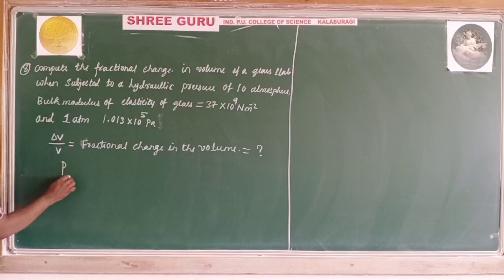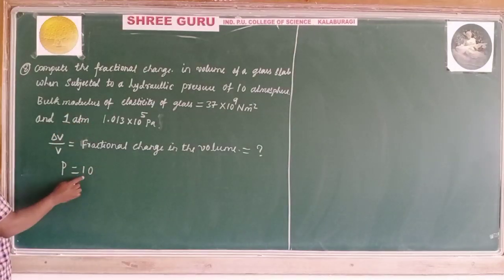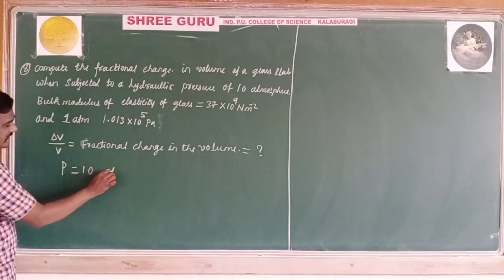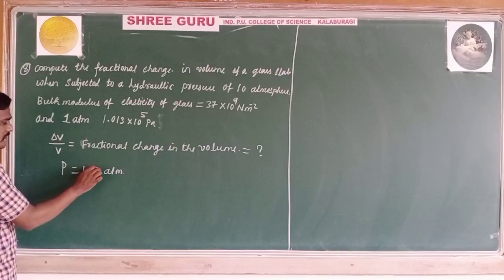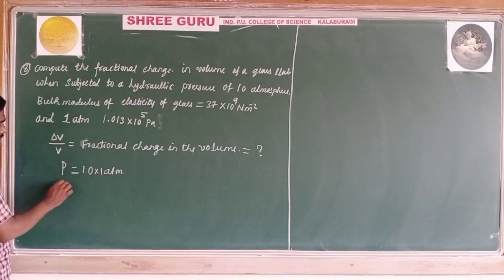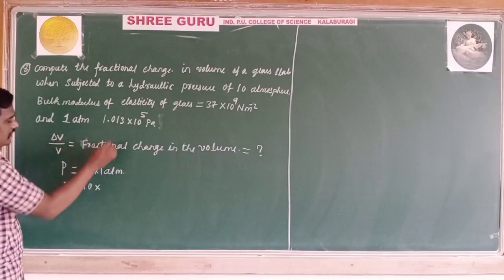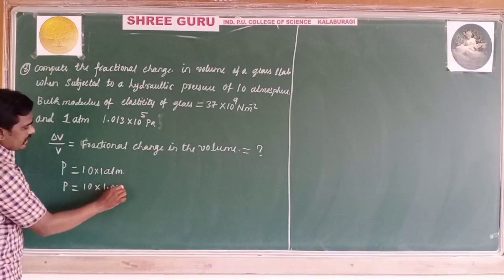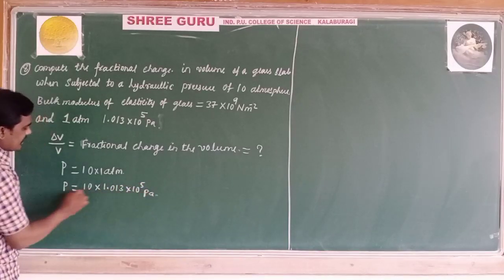Now just keep in your mind, hydraulic pressure is 10 atmosphere. What is the value of 1 atmosphere? ATM is nothing but atmosphere. 1 atmosphere value is 1.013 into 10 to the power of 5 Pascal. This is the standard value.